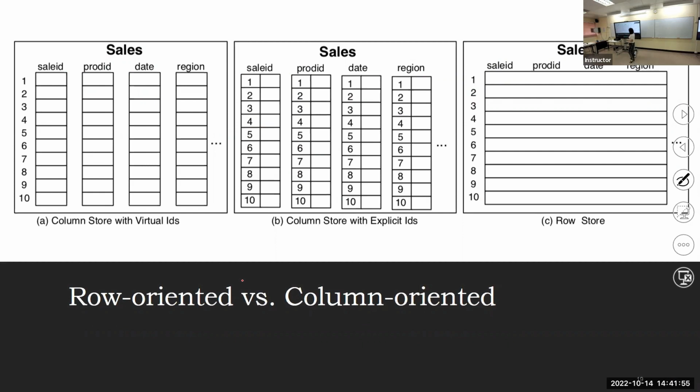This is an example of how we separate or consider these different row-oriented versus column-oriented approaches, in which we may be interested in considering certain entire columns at a time.